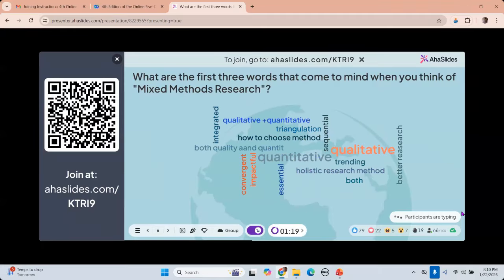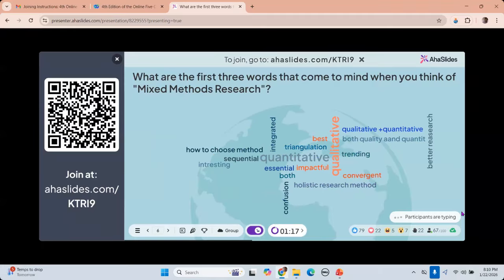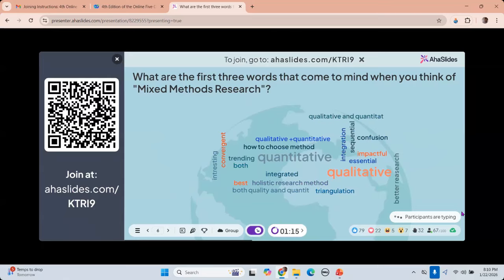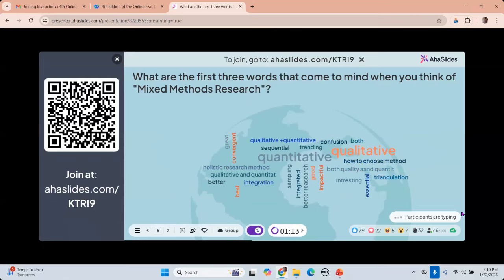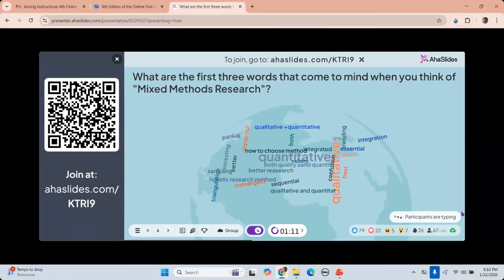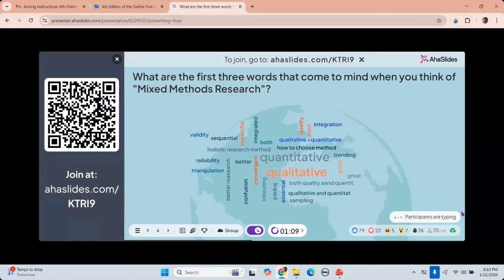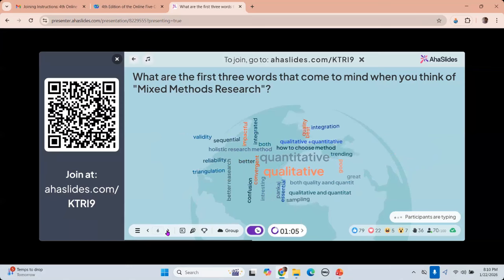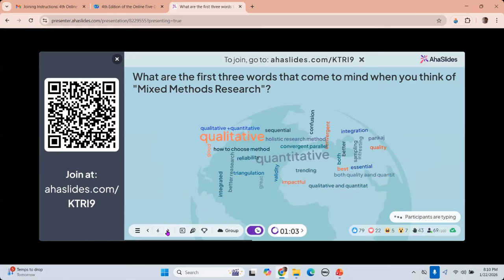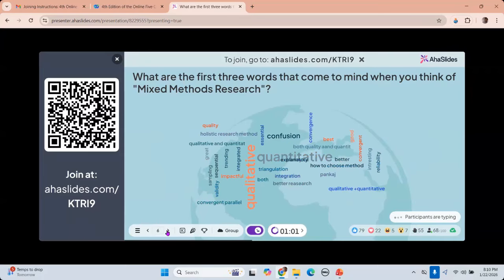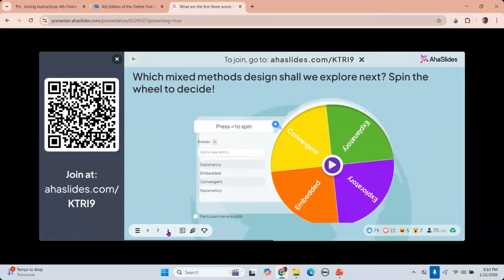Triangulation, essential, confusion. Okay, good. This is what we have discussed.